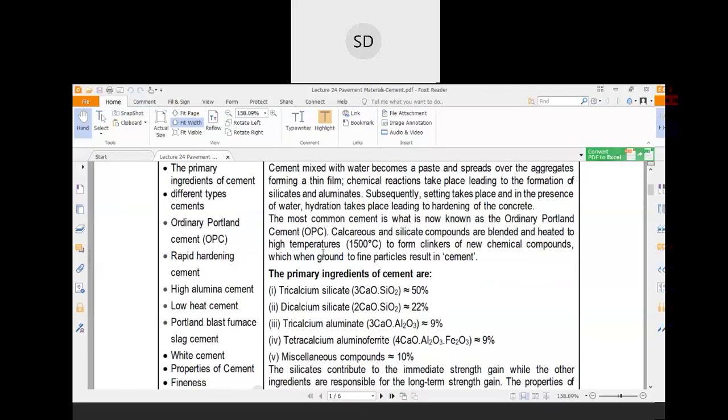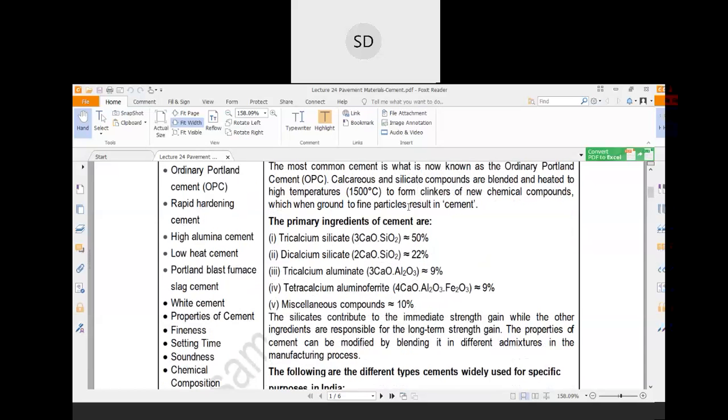The primary ingredients of the cement are tricalcium silicate, dicalcium silicate, tricalcium aluminate, and tetracalcium aluminoferrite. All of you know about these components, their uses and their characteristics, so I'm not going for a detailed discussion of all these components.